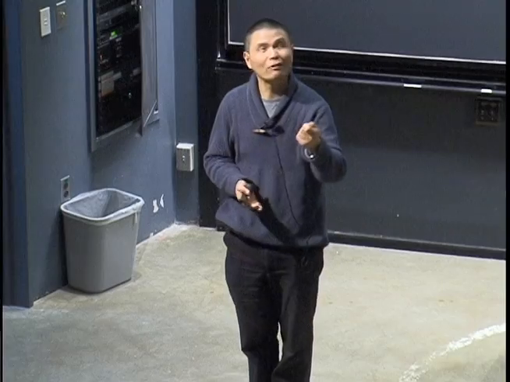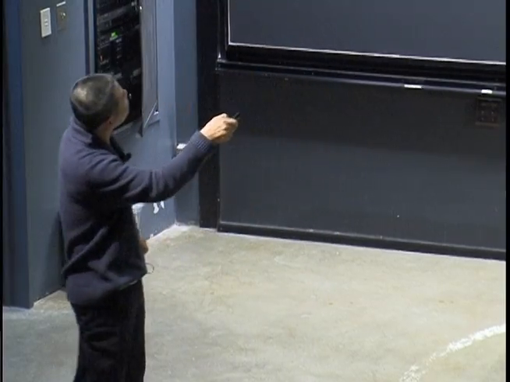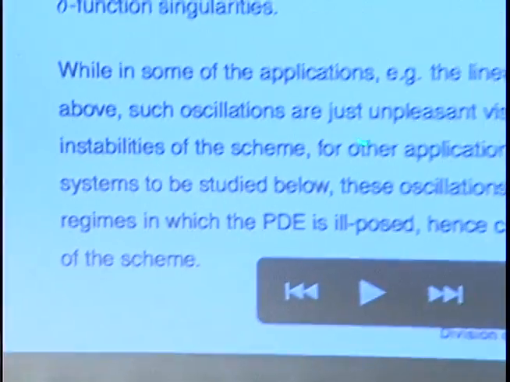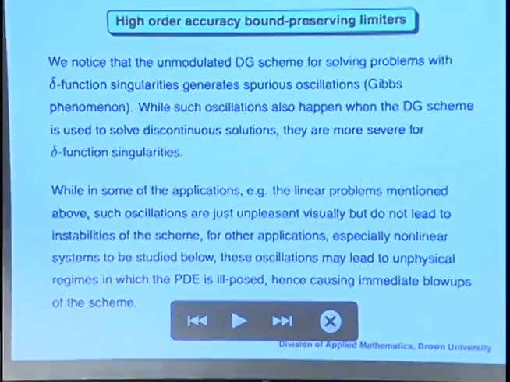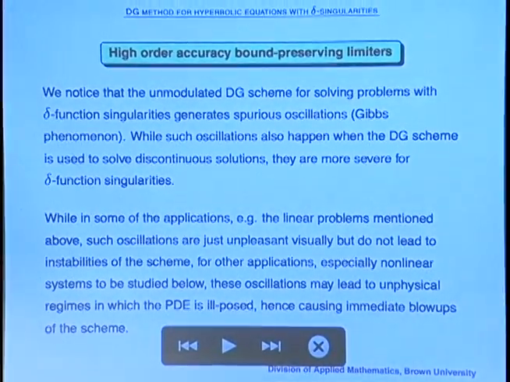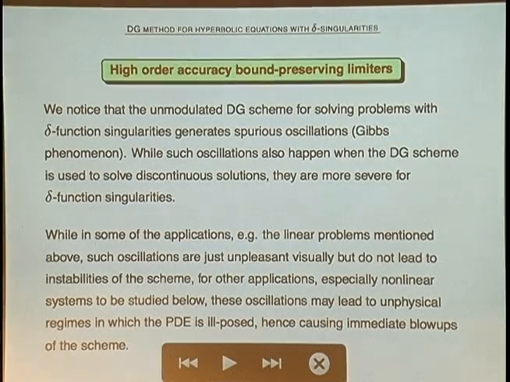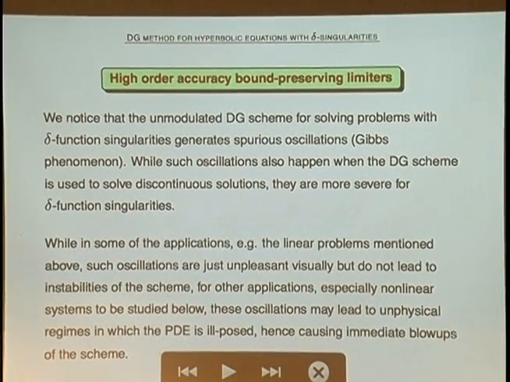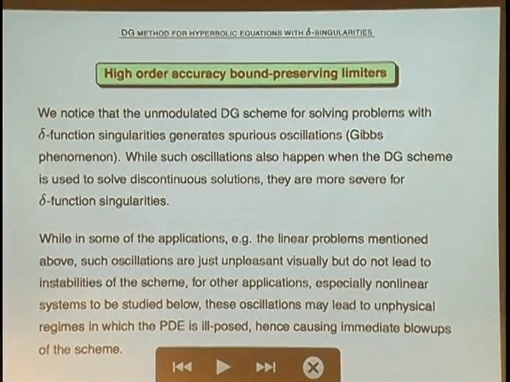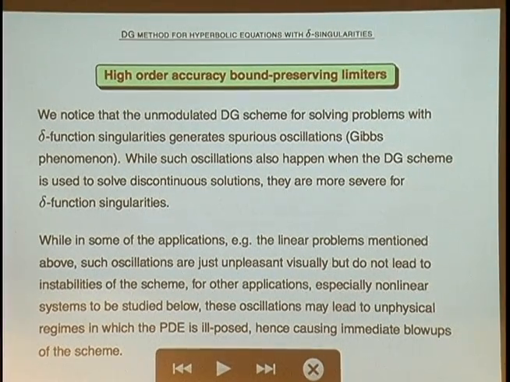So then you will really need a bound-preserving limiter. Roughly speaking, the bound-preserving limiter is a post-processing technique which applies to your numerical solution and makes it go within the bound. However, it looks easy, right? You just push it back to the bound, but you cannot really brutally do that.